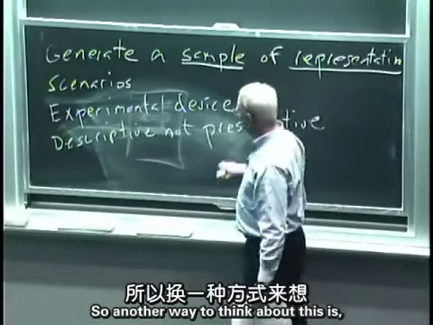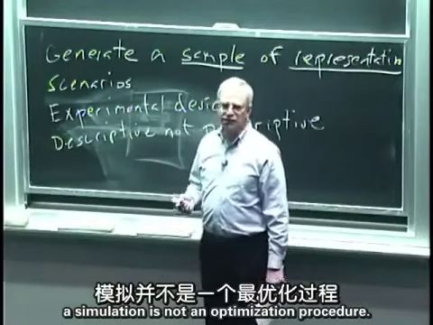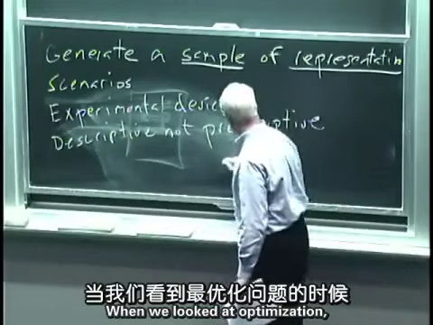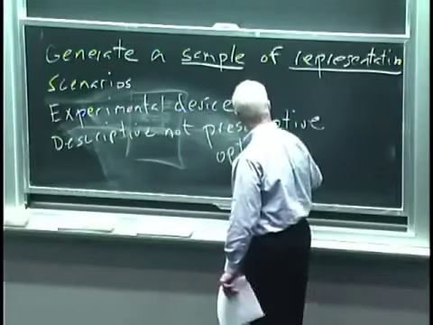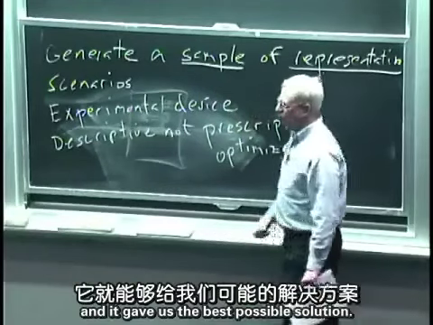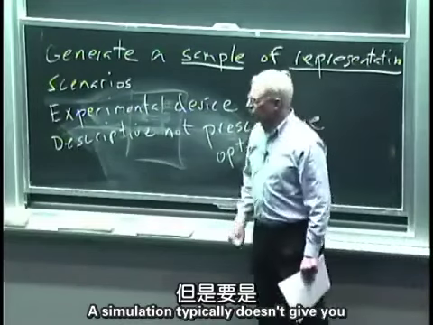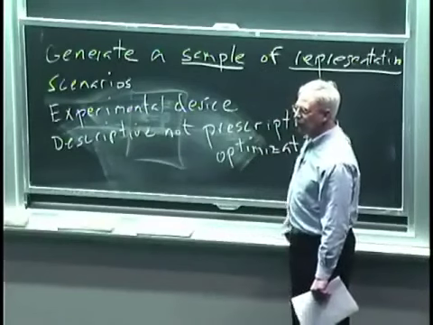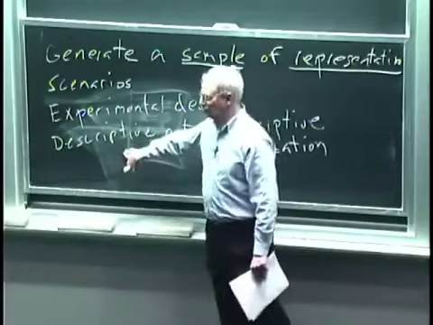Another way to think about this is a simulation is not an optimization procedure. When we looked at optimization, that was prescriptive. We ran an optimization algorithm, and it gave us the best possible solution. A simulation typically doesn't give you the best possible solution, but if you give it the starting point, it will tell you the consequences of that.